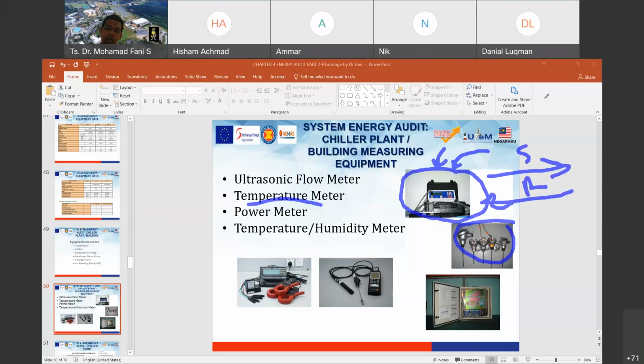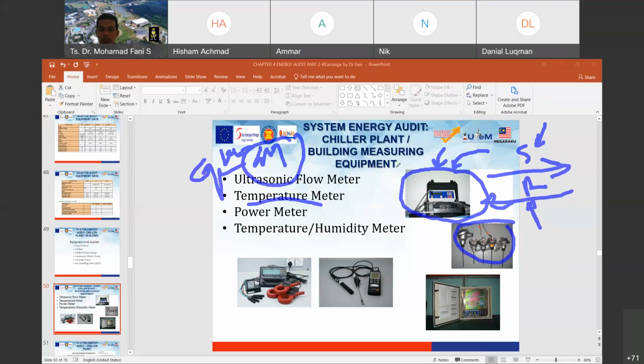Okay, so back to the formula, the purpose of all these measurement devices is to get the values to calculate the kilowatt per RT, to calculate the RT, and to get the COP.